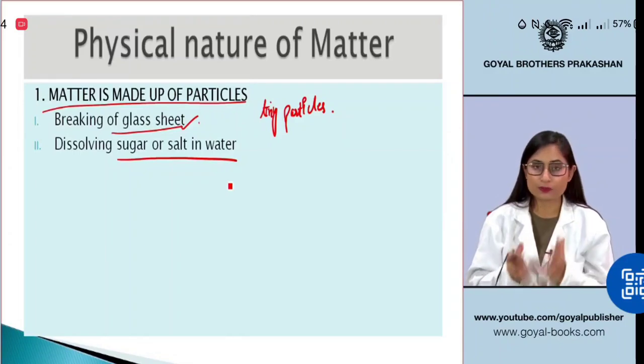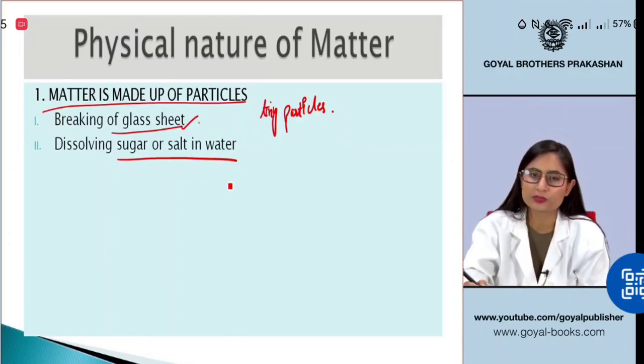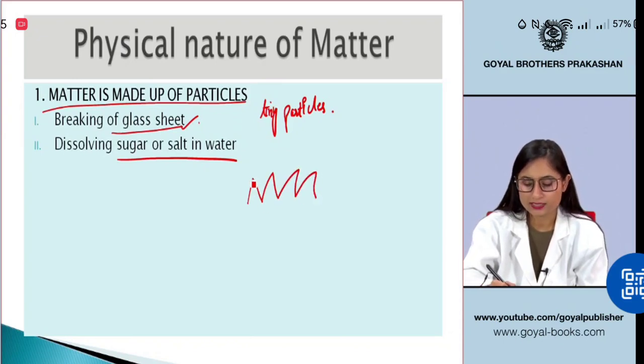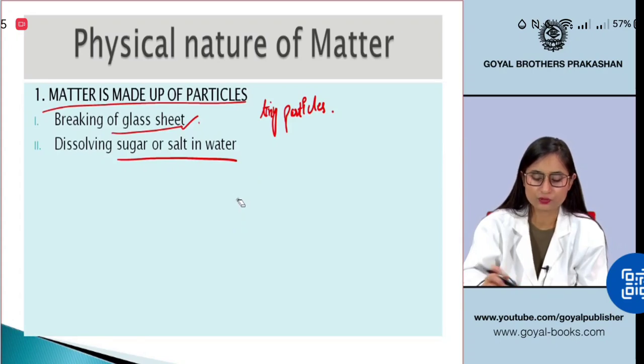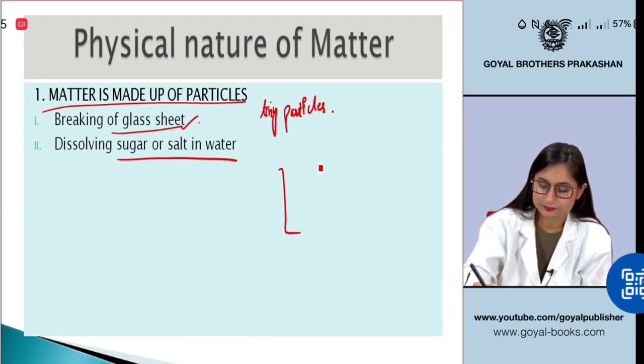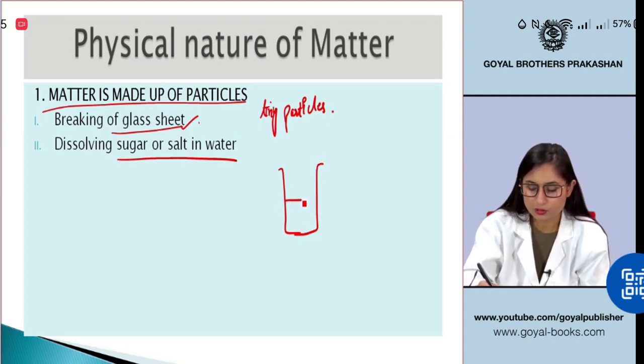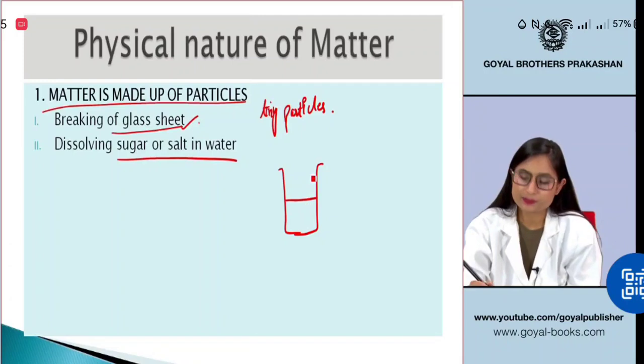What is Brownian motion? Brownian motion is the zigzag movement of particles inside a liquid. You have a solution, for example. This is the solution. In this solution, you have water. In this beaker, you added some salt in the water.